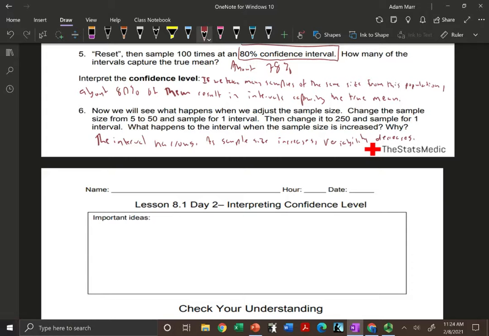Okay, let's summarize all the important ideas. First of all, the interpretation of a confidence level.